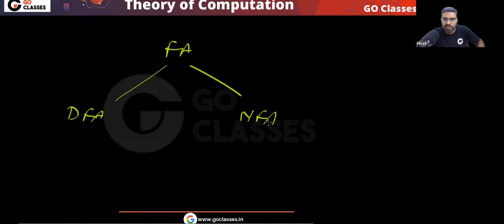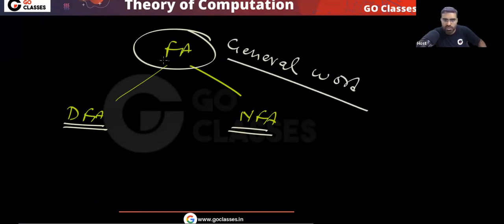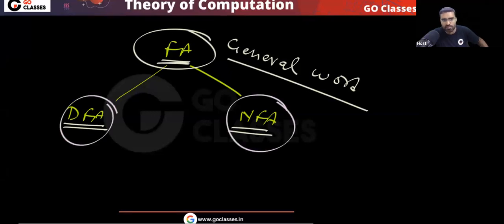Finite automata is a general word. In finite automata, DFA also comes, NFA also comes. So this is just a general word. There are two types of finite automata.